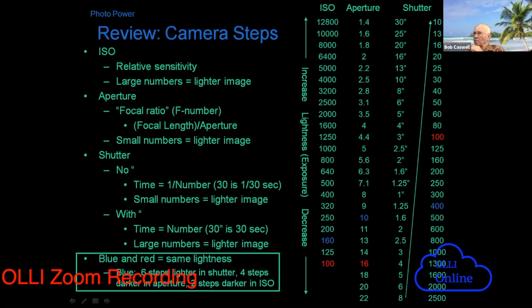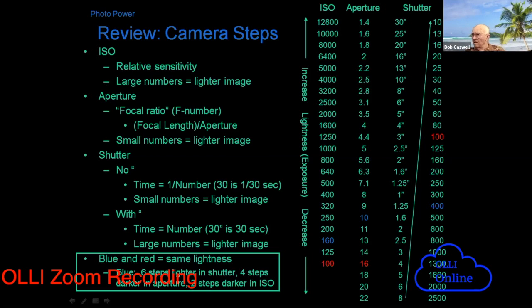The 1.4 at the top is a very, very large aperture. Most cameras don't have that large an aperture. The limit is typically in the 4, 3.5, 5.6 range. It generally will be 5.6 or better, or lower number.